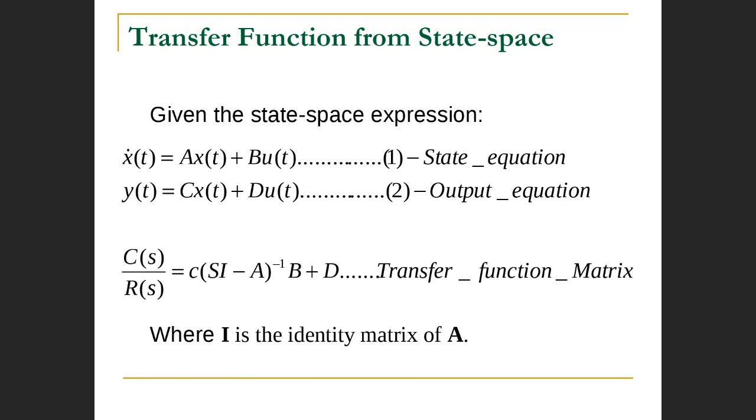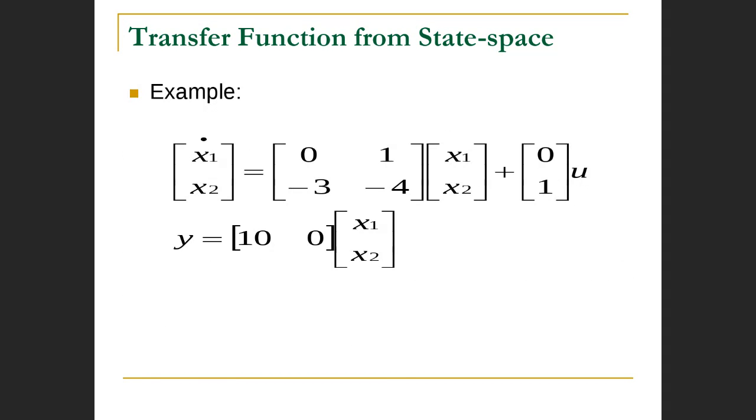So our first step is to look at the matrix. We know that the matrix has A here, B here, C, and D equal to 0. So what is SI? What is SI equal to?